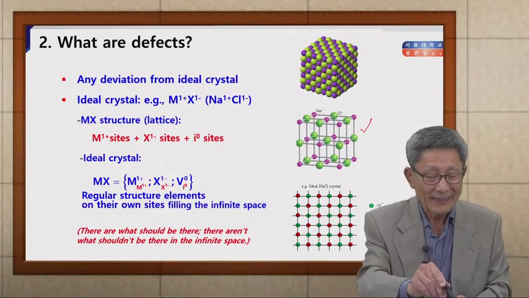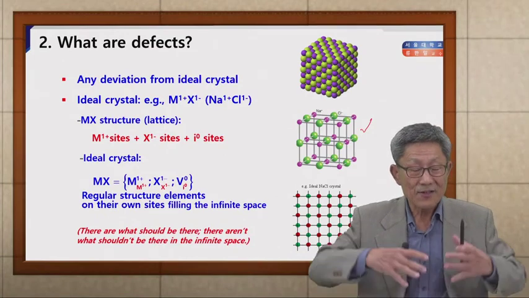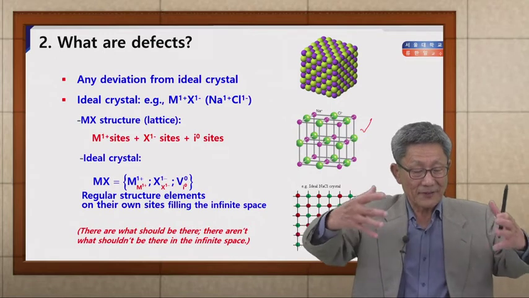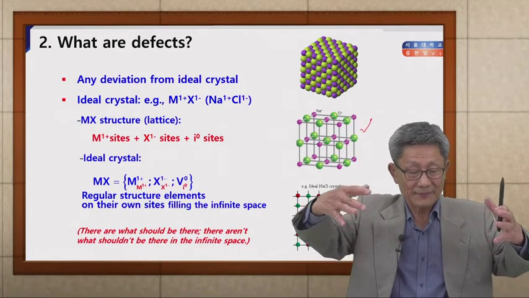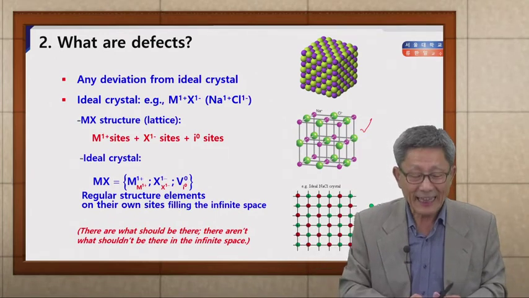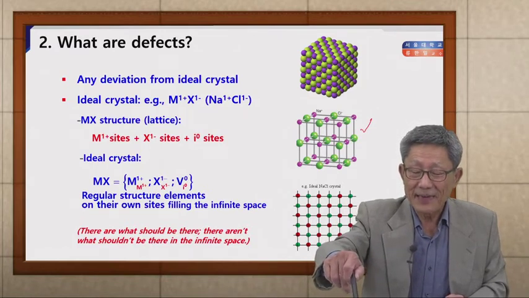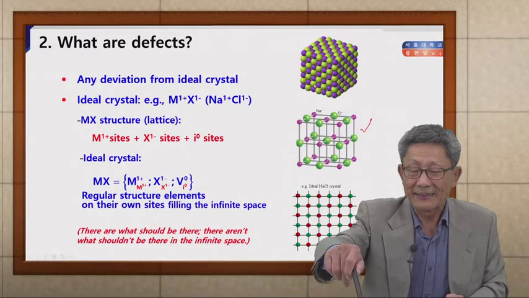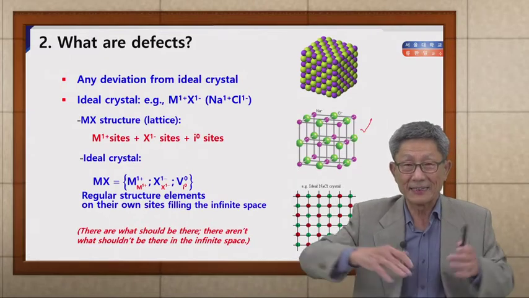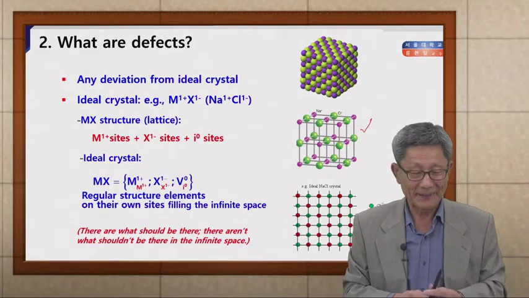Now the ideal crystal, by definition, should fill up the entire space. So you can imagine that the ideal crystal looks like this, filling up the entire space.